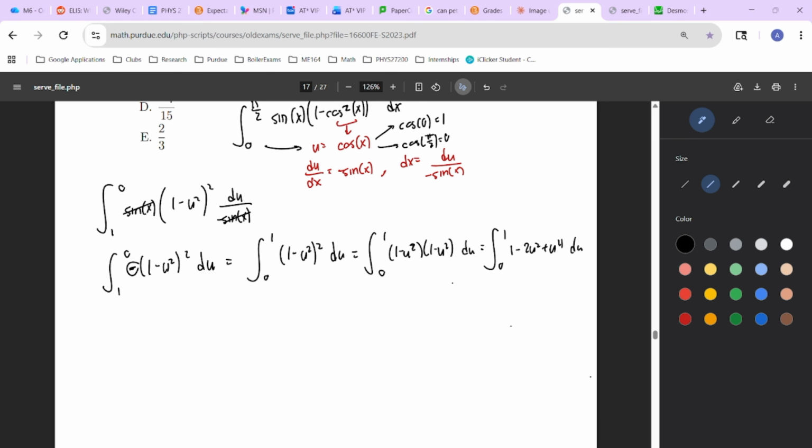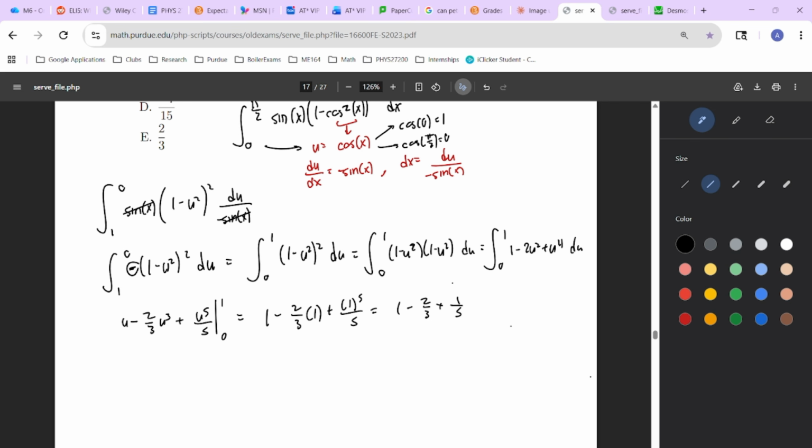This would become u minus 2/3 u cubed plus u fifth over 5 between 0 and 1. That becomes 1 minus 2/3 times 1 plus 1 to the power of 5 over 5. And then everything else in the 0 term becomes 0. So we're left with 1 minus 2/3 plus 1/5.